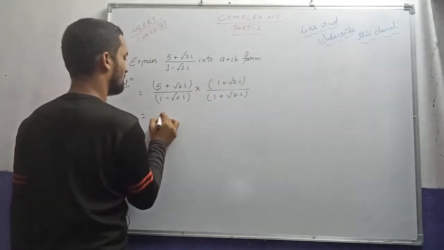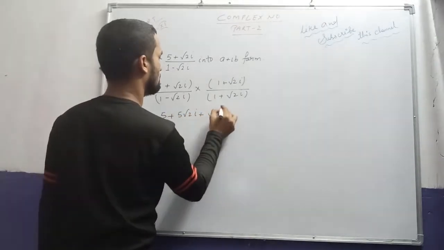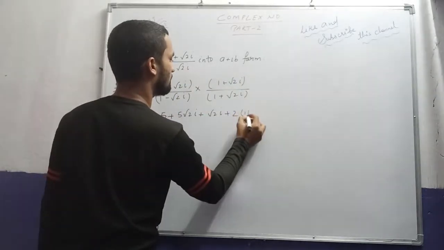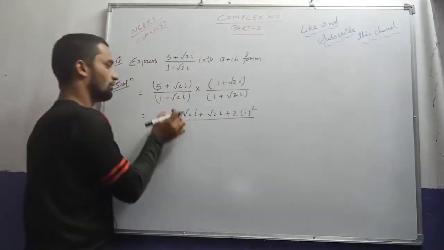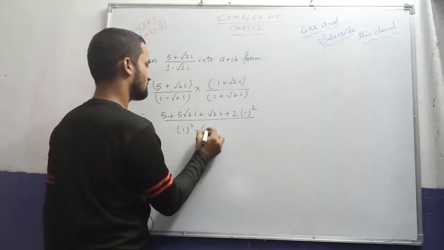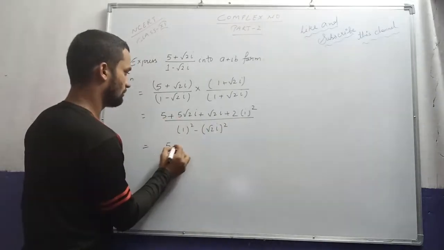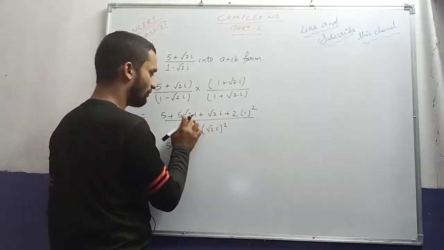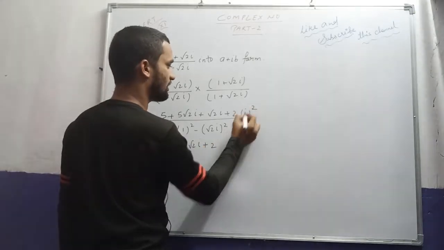5 into 1 is 5, plus 5 root 2 i, plus root 2 i, plus root 2 into root 2, which is 2, into i square. Here I am writing i square. In the denominator, always a minus b, a plus b gives a square minus b square. So this will be 5 plus 5 root 2 i plus root 2 i, which is 6 root 2 i, plus 2 into i square.